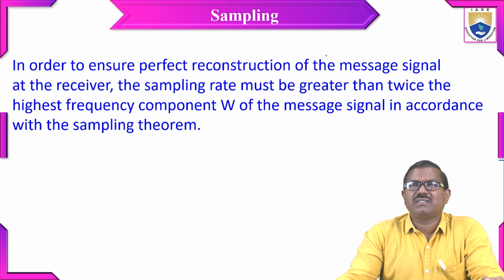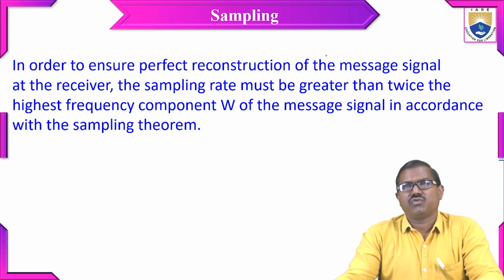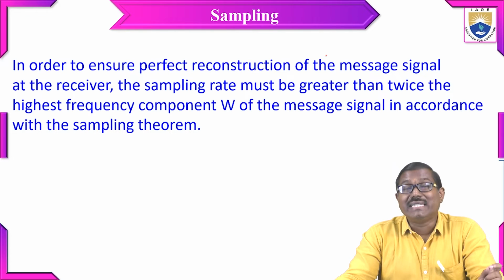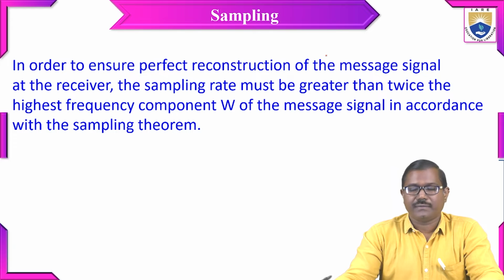How is the sampling done? The sampling rate must be greater than twice the highest frequency component W of the message signal, in accordance with the sampling theorem. After sampling, my signal will be discrete in the time domain.